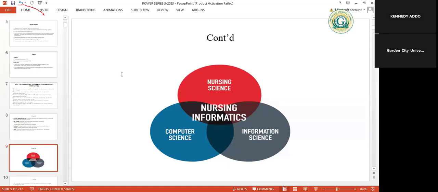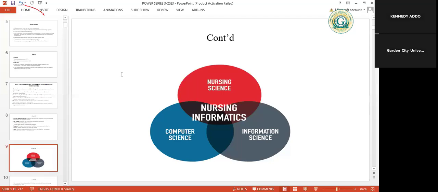By the end of this session, or by the end of the semester, you should be able to understand that computer science is not a standalone discipline in terms of informatics. We are just trying to incorporate the tools used in informatics to deepen our understanding of what activities nurses perform through the application of technology.